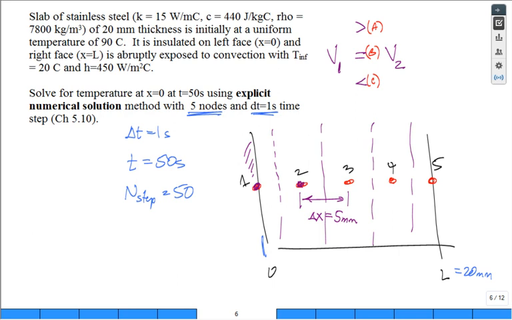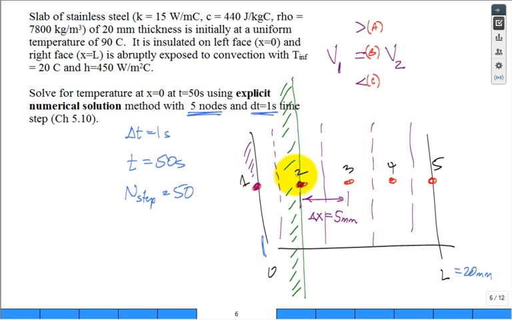Let's say somebody changes the problem and says, I don't really want to run L from 0 to 20 millimeters. I'm going to cut my mesh, and my new mesh goes like this. I'm going to cut right through node 2, and then this is my new insulated boundary right there. So L has effectively been reduced. It's been shrunk. It's not the full 20 millimeters anymore, right?